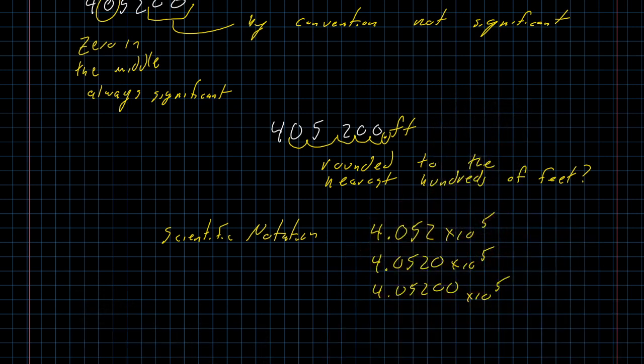One of the nice things about unit conversion is that the conversion factors tend to be exact numbers, right? 1 foot is equal to exactly 12 inches. 1 mile is equal to exactly 5,280 feet.